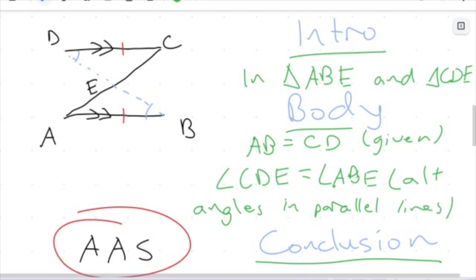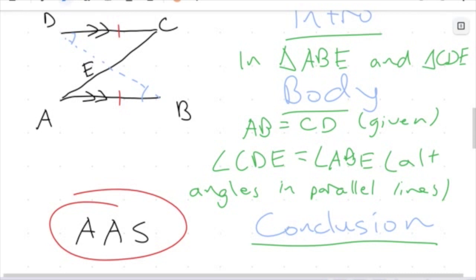Alternate angles are an angle relationship that arise when we have two parallel lines and a transversal going through them. We've done this in previous videos if you want to go back and have a look at that. So by that angle relationship, I can say that these two angles are going to be equal.